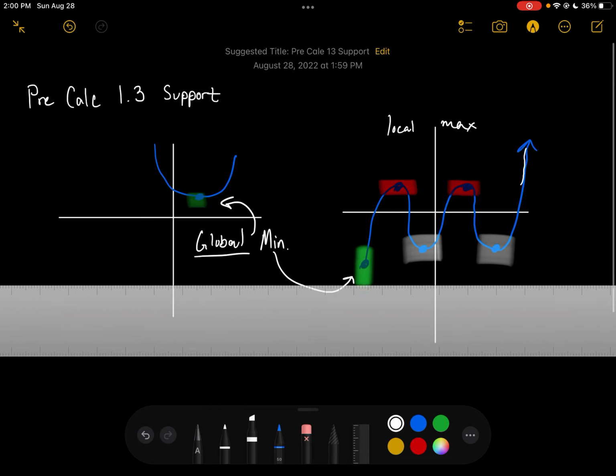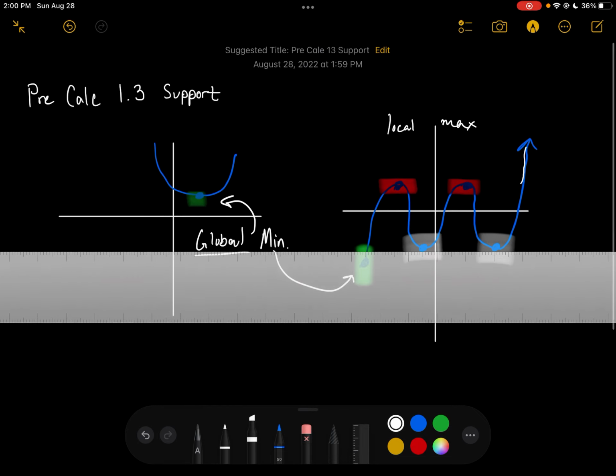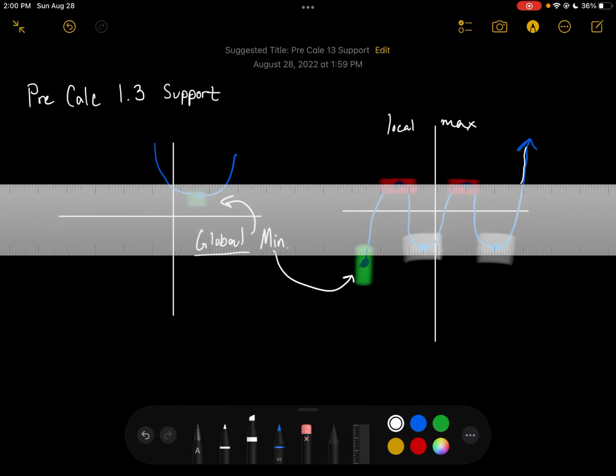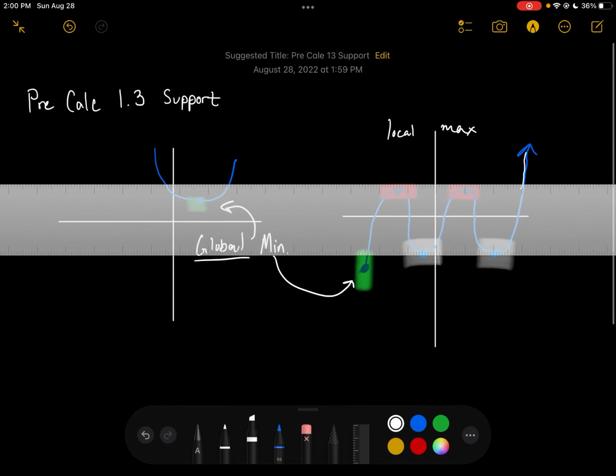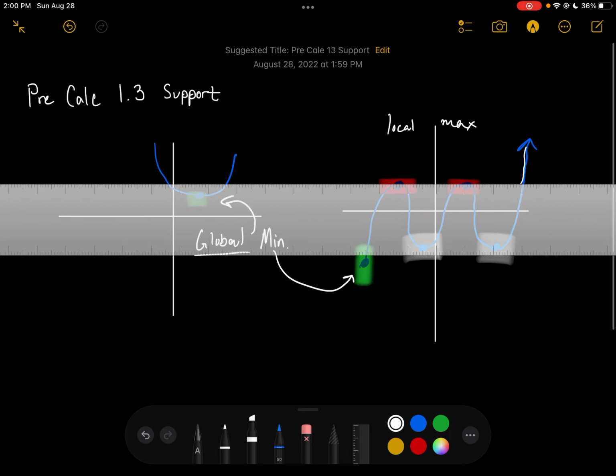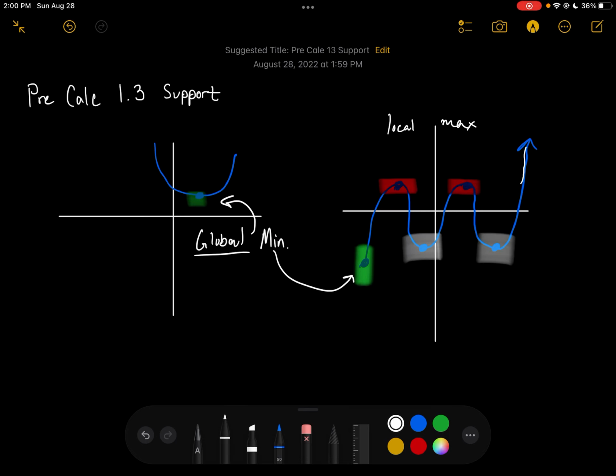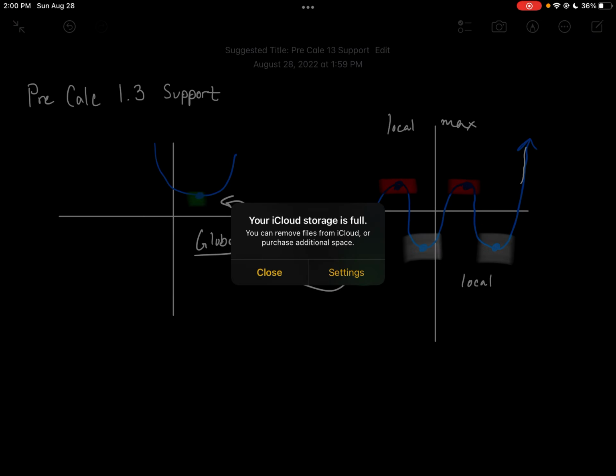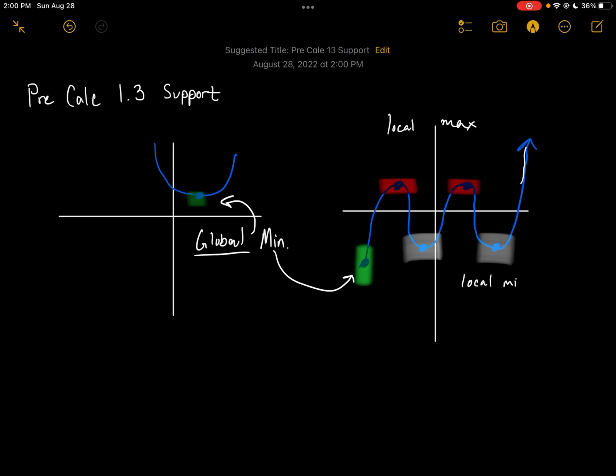But if we take a look, measuring it again using our ruler, what we're going to see is there are points, that green point specifically is below them. So they can't be a global minimum because there are other points that are lower. Sorry, they're a local min, I should say, not max, a local min, because they're on the bottom. So local, because there are points that are lower, and those are the different types of points that you're going to see today.